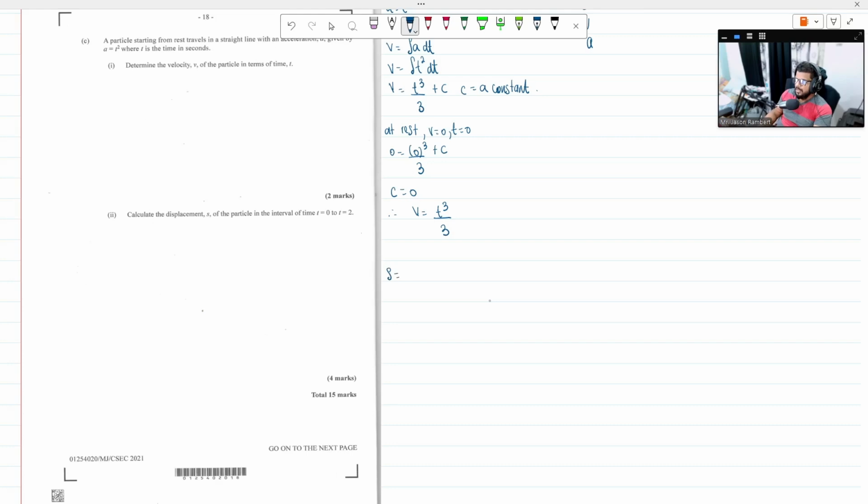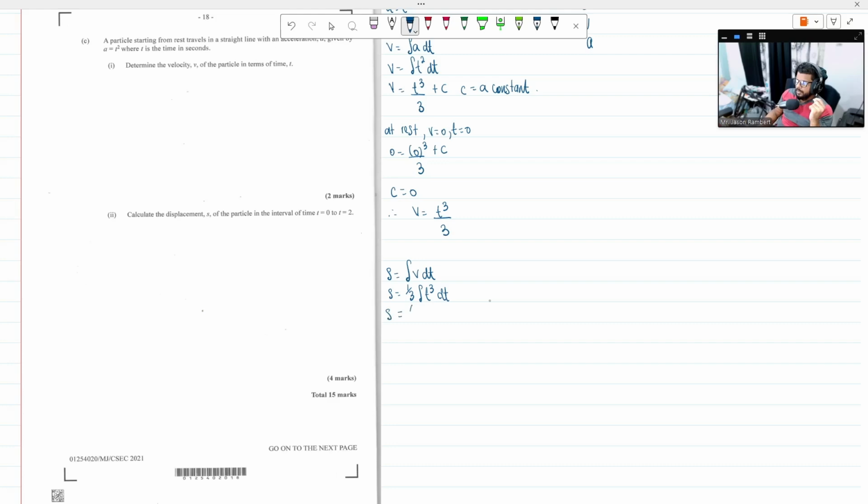Now s is equal to the integral of v with respect to t. Remember, they gave us conditions at rest, which in this case is s is 0 and t is 0. S is equal to the integral of t cubed over 3. And I'm going to fix how this integral looks. I can pull the 1/3 on the outside, the integral of t cubed dt.